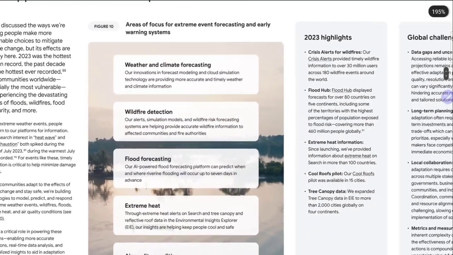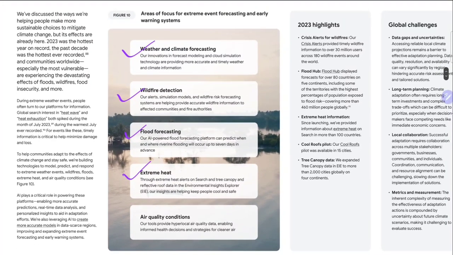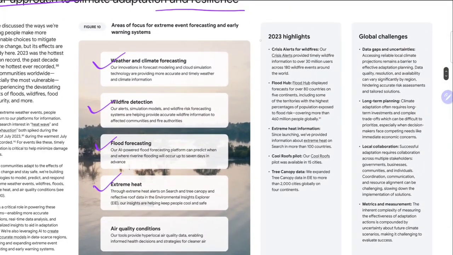So this is the figure which talks about the approach to climate adaptation and resilience. In 2023, what were the highlights? This information is captured.